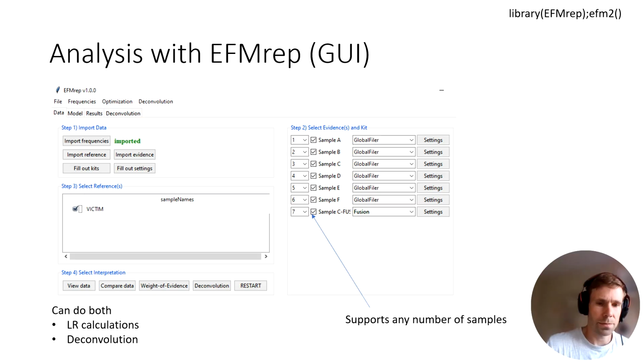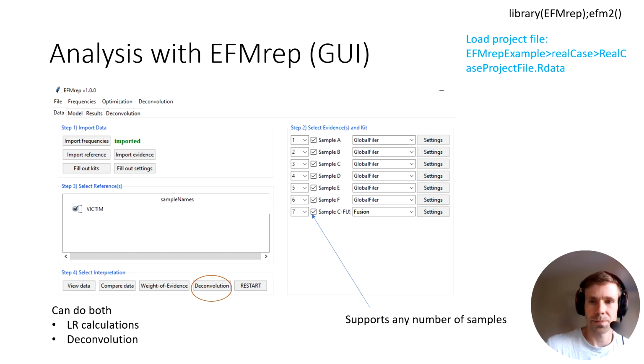You can now, from this point of view, do either LR calculations or deconvolution. So in this example, we did deconvolution. And also this dataset is available in the shared folder.